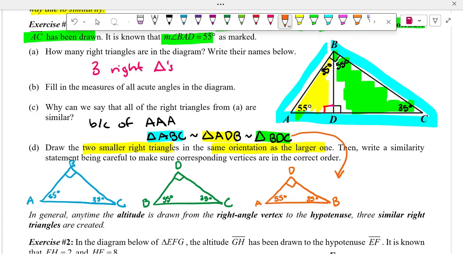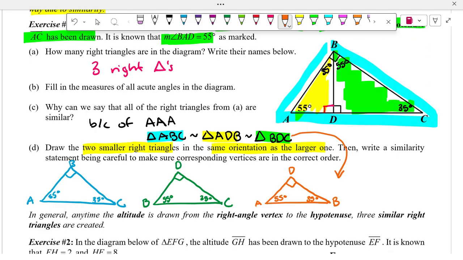So, again, when I created these similarity statements, I already in my head went through and matched up the angles. That's kind of how you can figure out how to name the triangles correctly. Because remember, you got to name triangles based off of their corresponding parts. So the first letter should be the 55-degree angle.